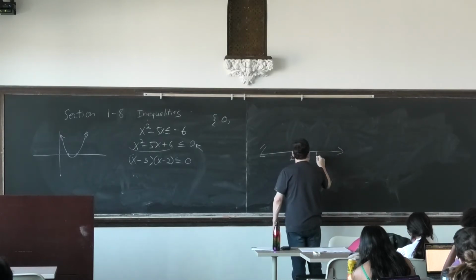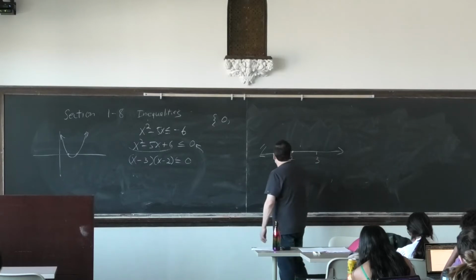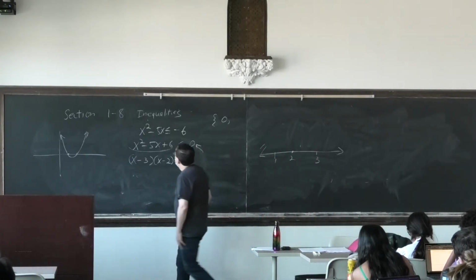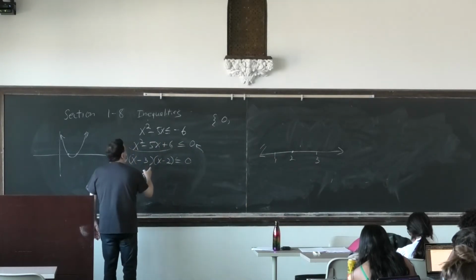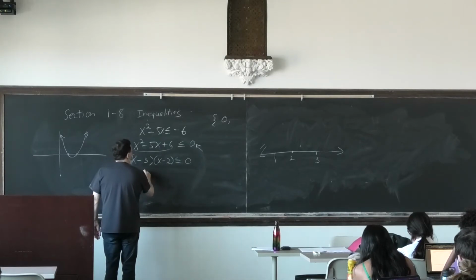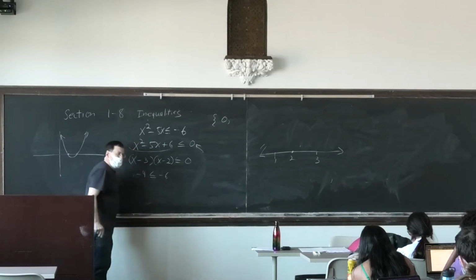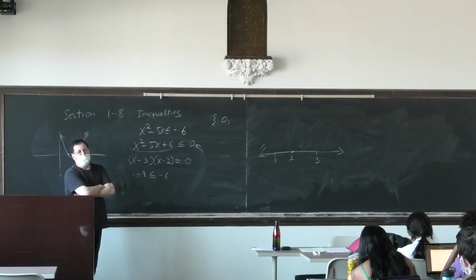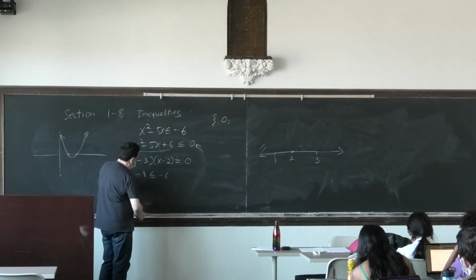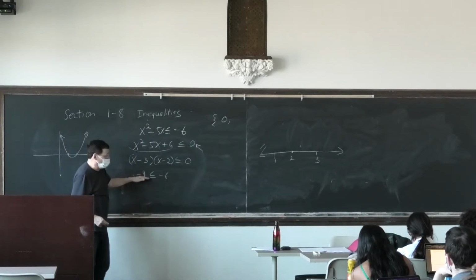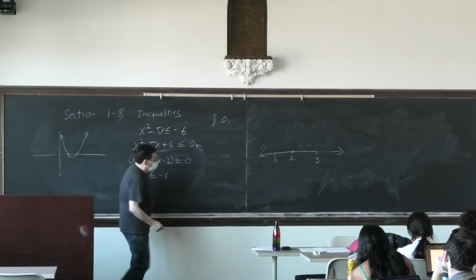There's 2, there's 3. What about 1? 1 minus 5 is negative 4. Is negative 4 less than or equal to minus 6? I guess that's what makes these inequalities confusing, right? We're comparing negative numbers. Negative 4 is greater than minus 6.